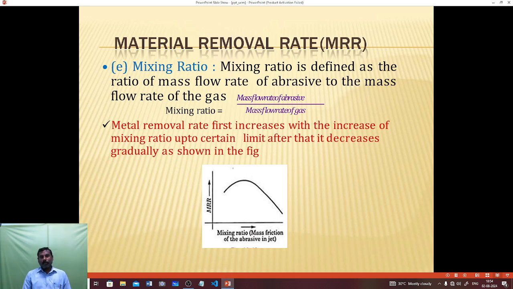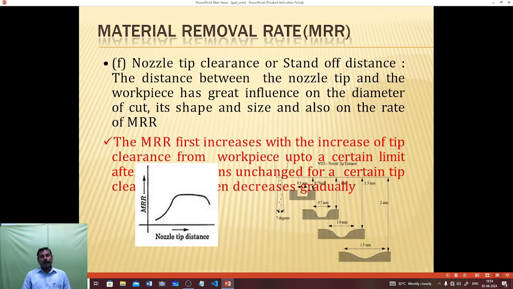Mixing ratio is equal to mass flow rate of abrasive divided by mass flow rate of gas. Metal removal rate first increases with the increase of mixing ratio up to a certain limit. After that it decreases gradually.